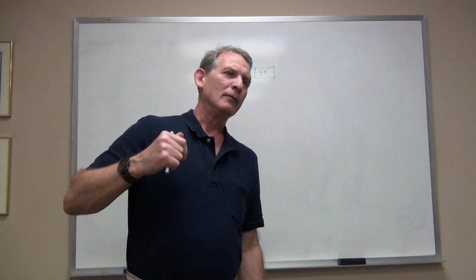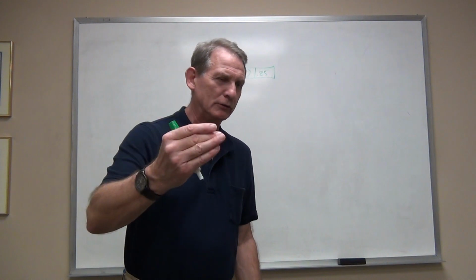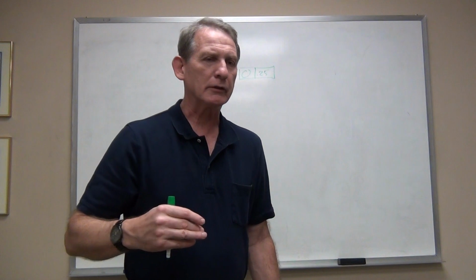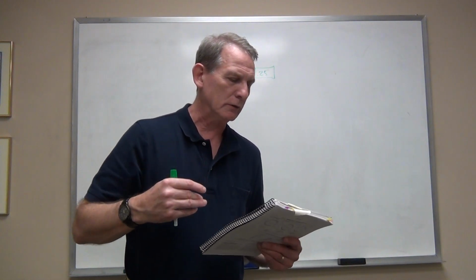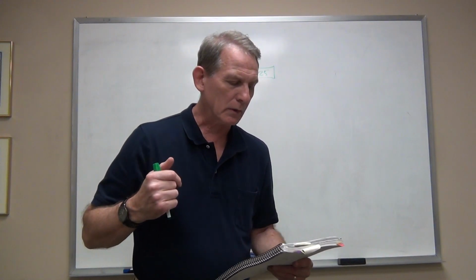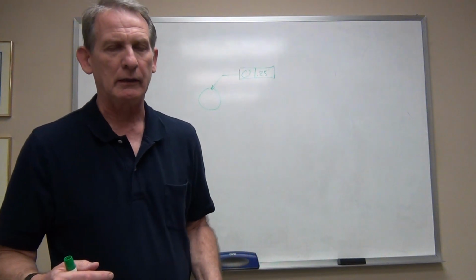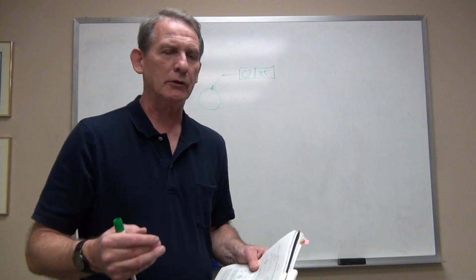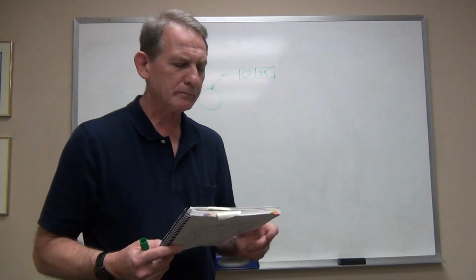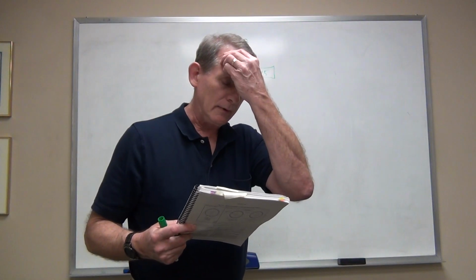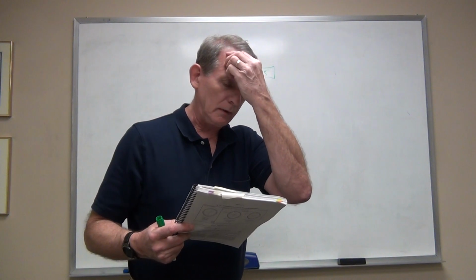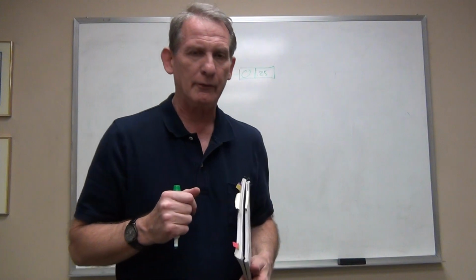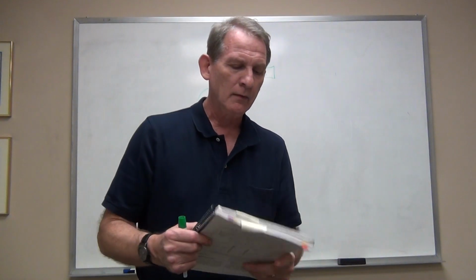Again, straightness is comparing to a geometric line, flatness is comparing to a geometric plane, circularity or roundness is comparing to a geometric circle. And again, a geometric circle has a geometric definition just like a plane and a line. And we are controlling the surface elements of this shaft or this cylinder.